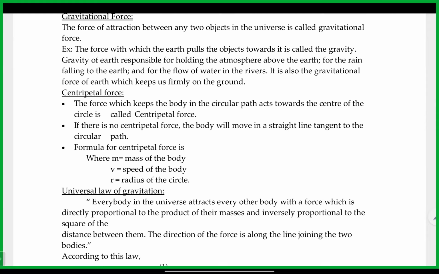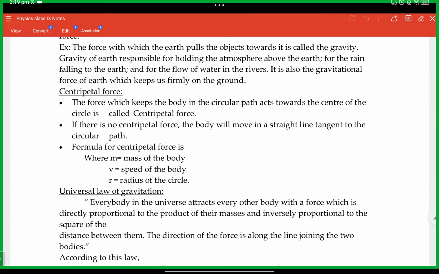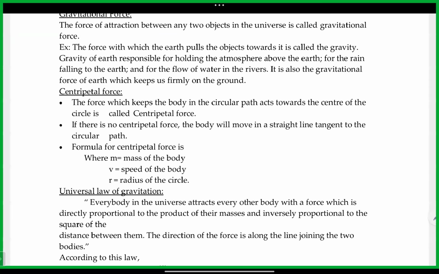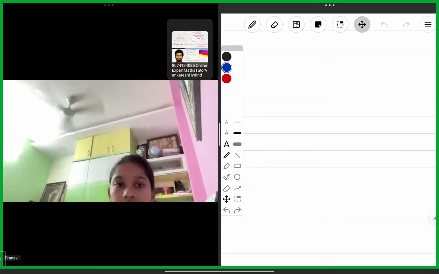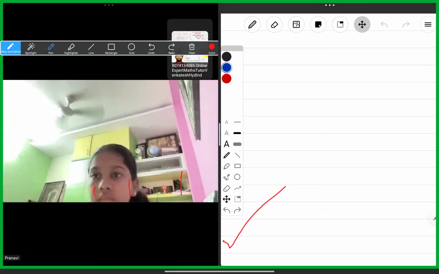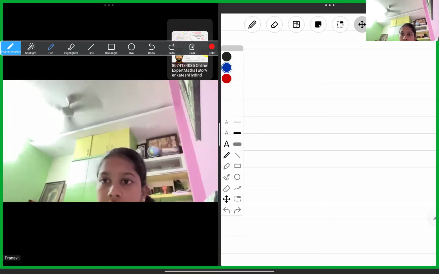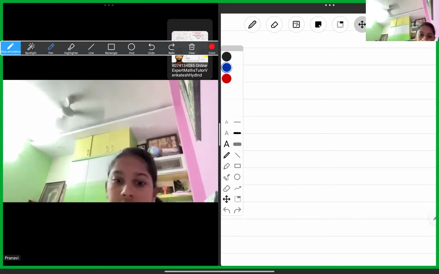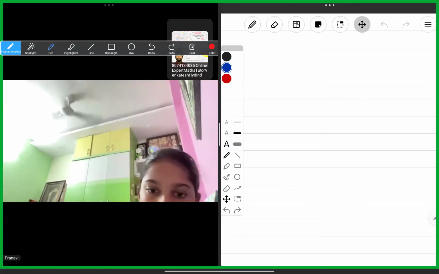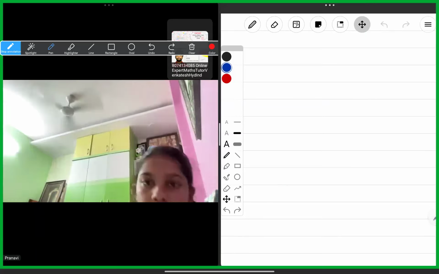Central force means, for example, if someone is traveling on a giant wheel that is rotating, there is a force of attraction towards the center always. Because of that reason only it will be stable. Otherwise, what will happen is, like the earth, we can take that as the best example.